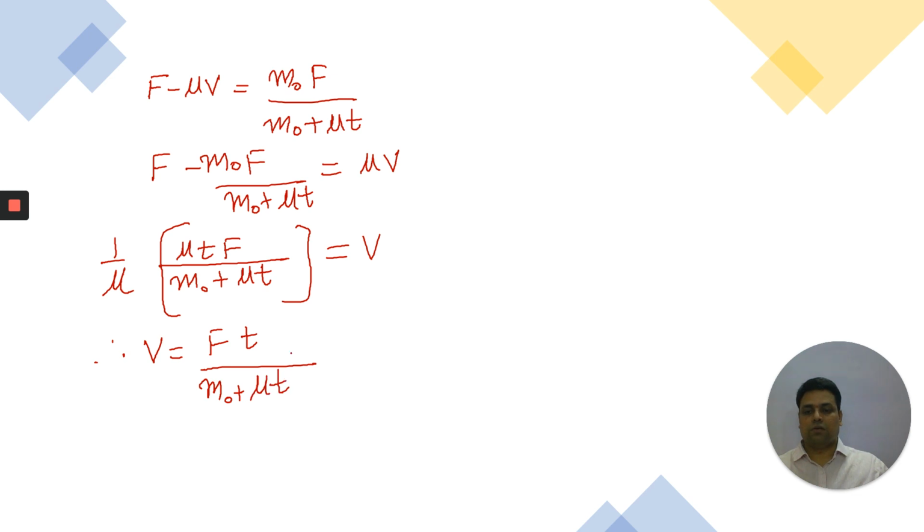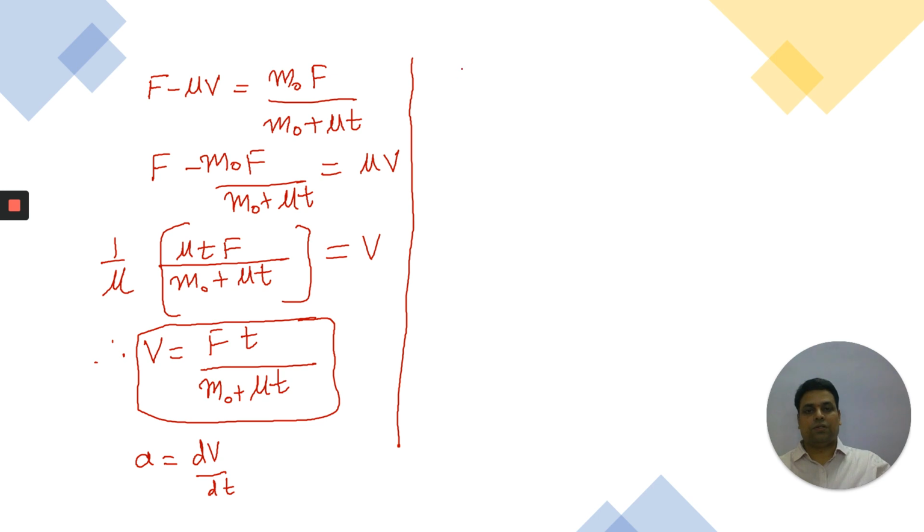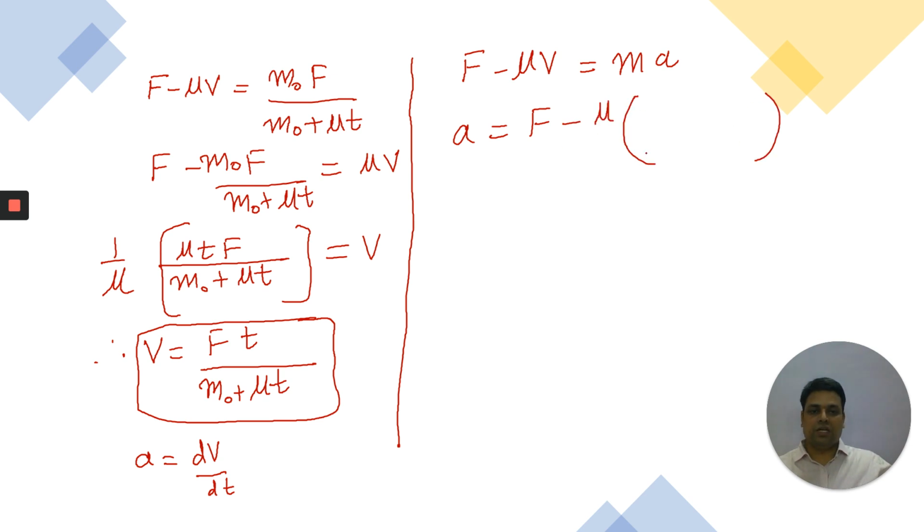That's the velocity. To get acceleration, we can differentiate the velocity with time, or else we can also use the expression we got, that F minus μv is equal to ma. So let's write it with v as a function of time.